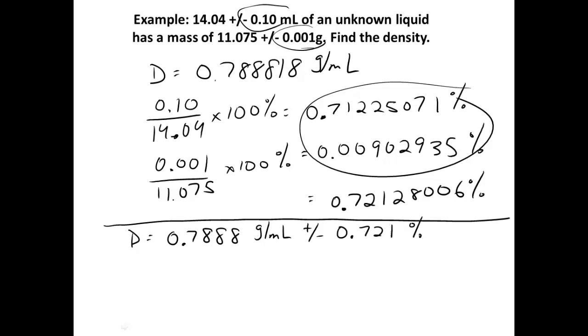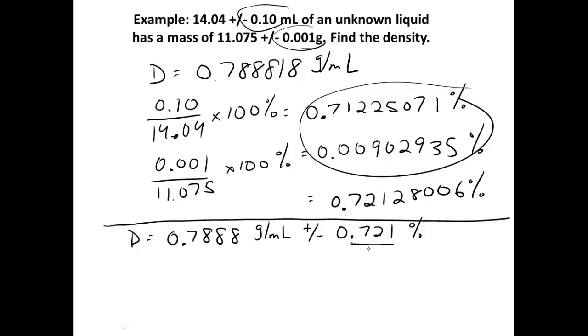Okay, I'm just rounding to make things a little easier. Now we're almost done. We are going to turn this back into absolute uncertainty, which means the same units, grams per milliliter. We're not going to keep it as a percentage.